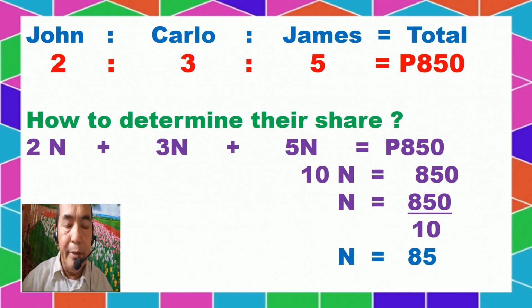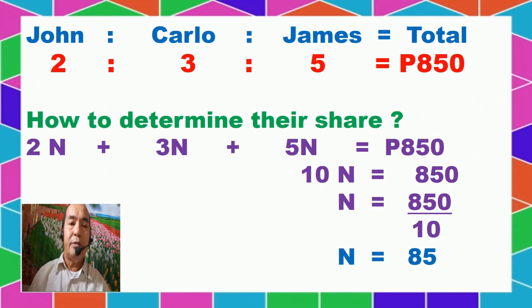To determine their individual share, we are going to use 2n plus 3n plus 5n. Why do we use n? Because we do not know how much would be their share, so we use n to represent the unknown. We have 2n plus 3n plus 5n is equals to 850.